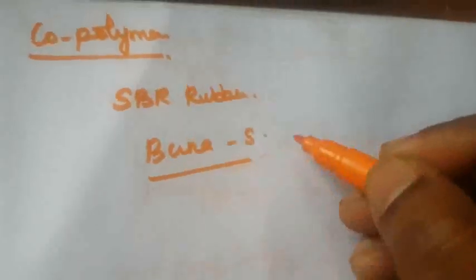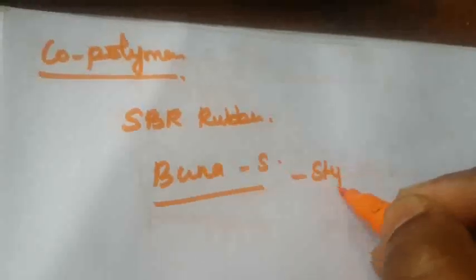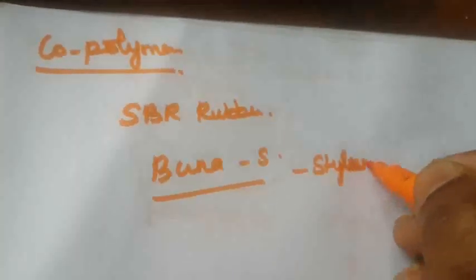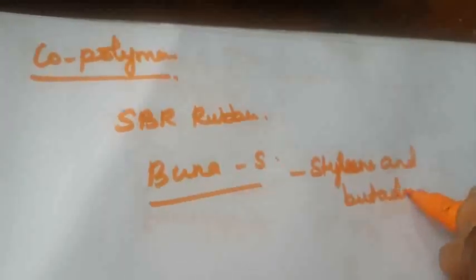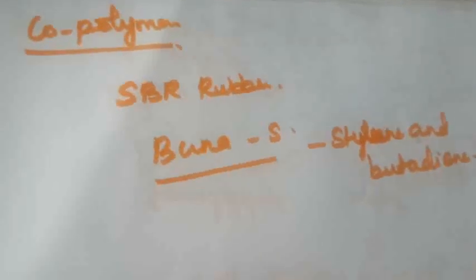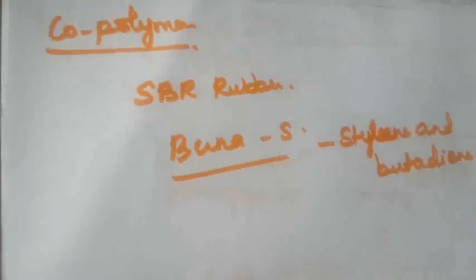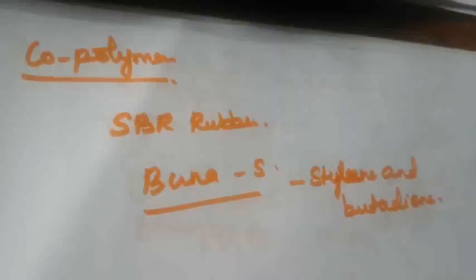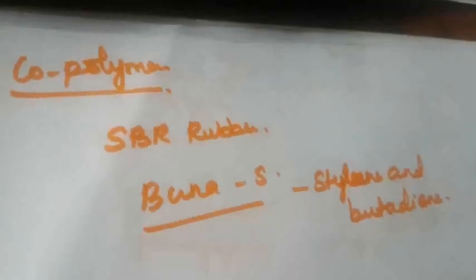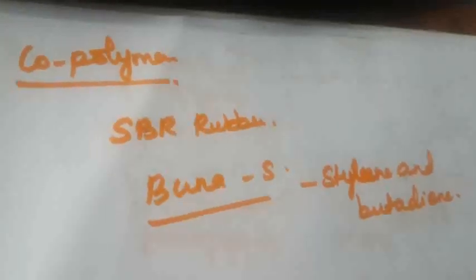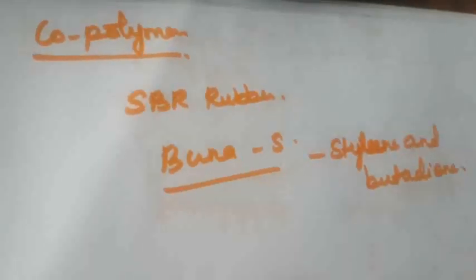Buna S is a synthetic rubber containing styrene and butadiene as monomers. The properties of a copolymer are quite different from homopolymers. Homo means only one compound: a single monomer combined together to form the polymer, that is a homopolymer. A copolymer has two different kinds of monomer.